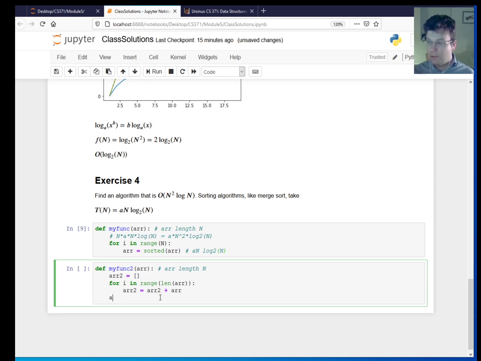So ARR2 has n squared elements, because I just added n elements n times.